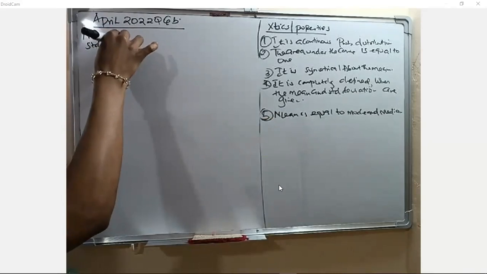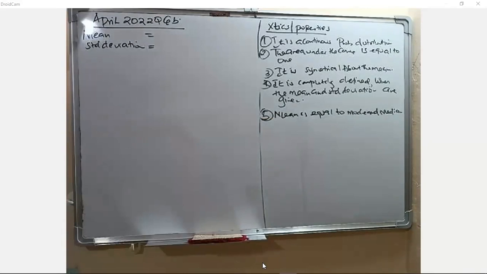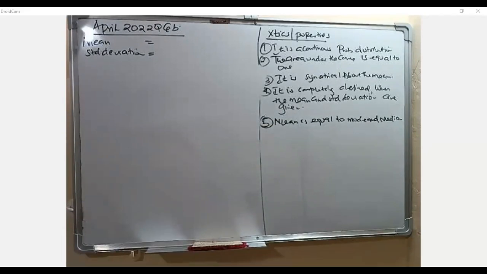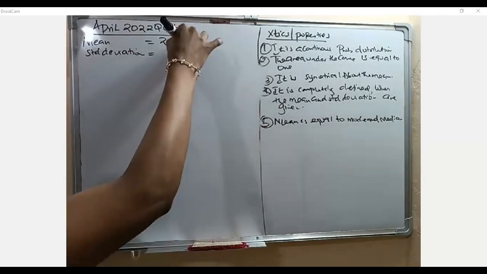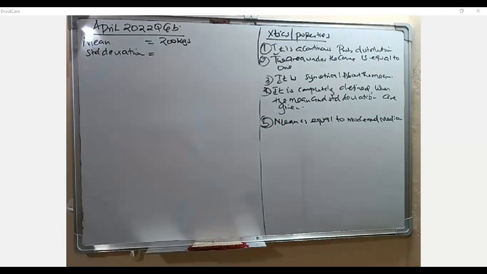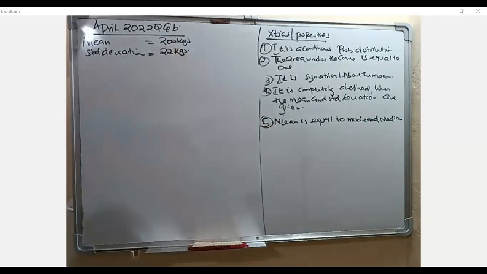The examiner said the weights of 1,000 items are normally distributed with 200 kgs, which is our mean, and a standard deviation of 22 kgs. Very simple.